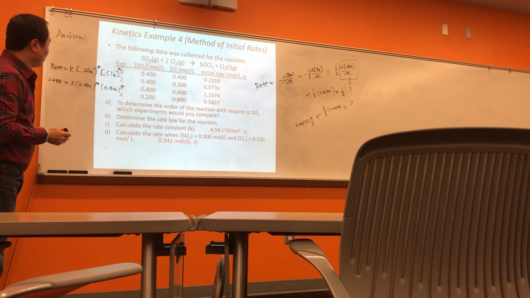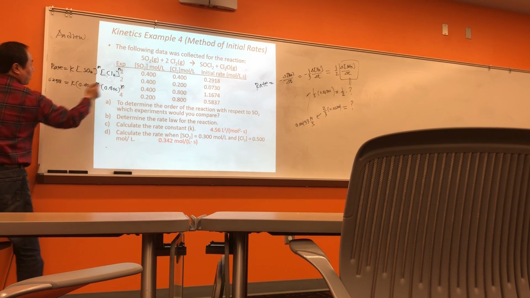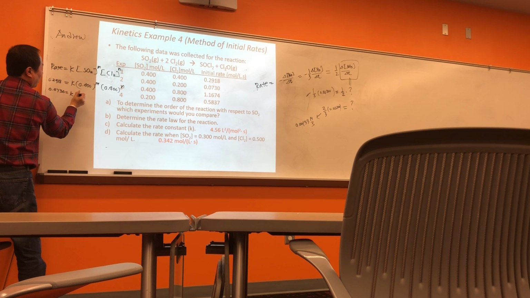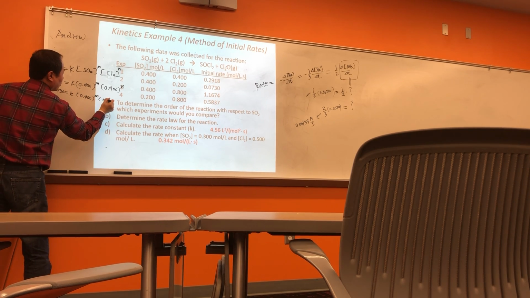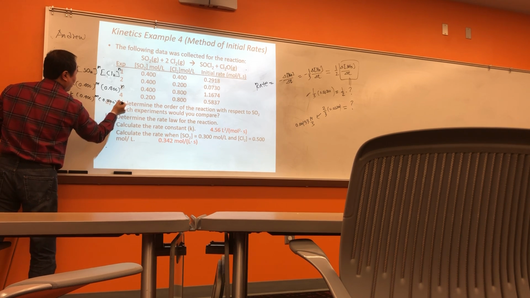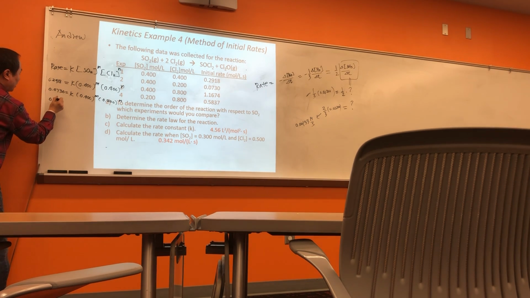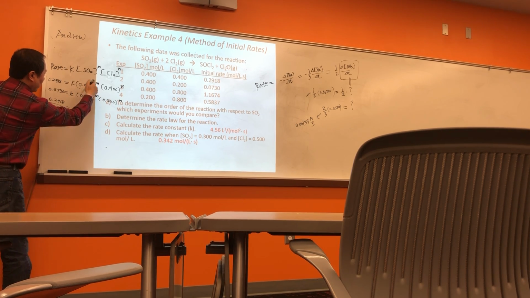From the second data, my reaction rate is 0.0730, k, 0.400 M, 0.200 M. So why don't we divide the top number by the bottom number? Then I get this. k cancels with k. That will also cancel.